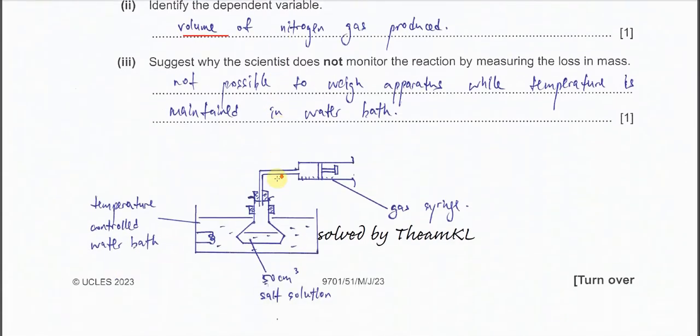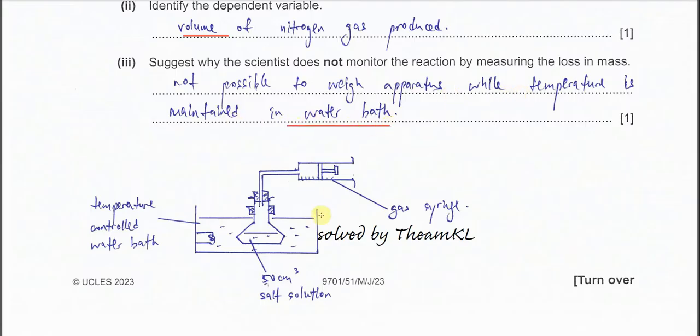Part 3: suggest why the scientist does not monitor the reaction by measuring the mass loss. Because it produces nitrogen gas, there must be a mass loss, but it's actually impossible because we cannot weigh the apparatus while the temperature is maintained in a water bath.